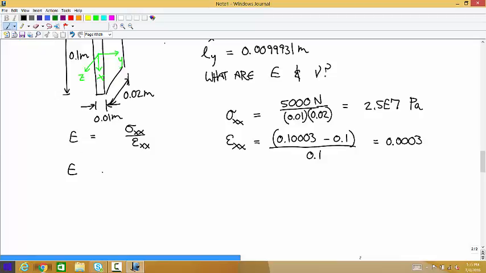And so Young's modulus is 2.5 times 10 to the 7 pascals divided by 0.0003 unitless, and we get a value of 8.3 times 10 to the 10th pascals, or 83 gigapascals.